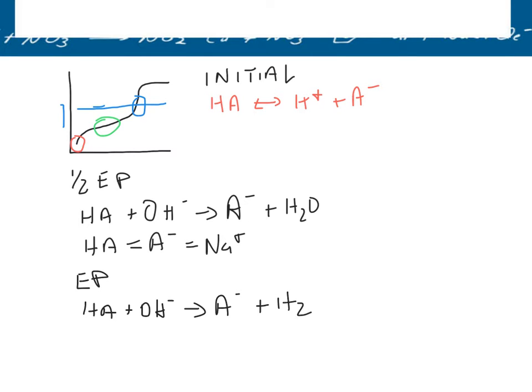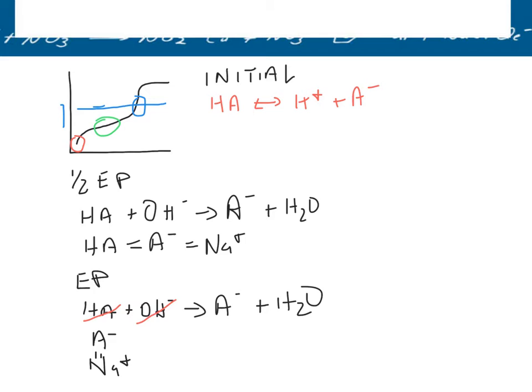So that means we have used up all of our acid, and there's no excess base left over right now. So that means we have turned everything into conjugate base. So at this point, our main species present is just the conjugate base and the counter ion. These are going to be equal to each other.